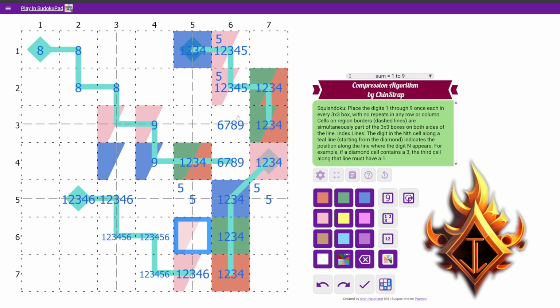What else? This one right here. It cannot be any of those 3. Yeah, this one is the one I want, because this one will be down here.